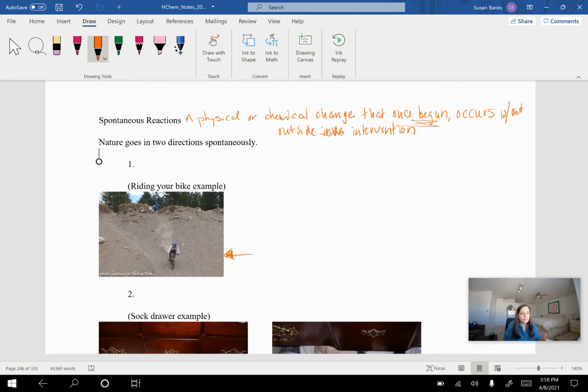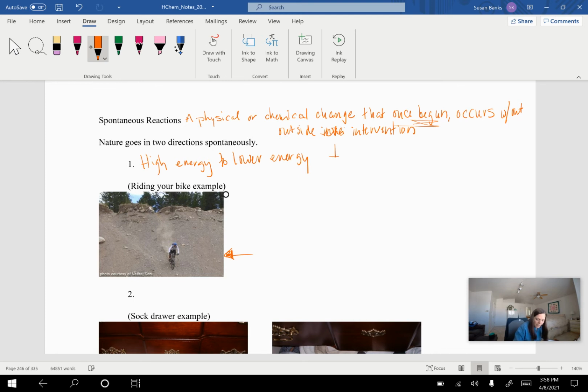So nature, excuse me, that was my dog. Nature tends to take things spontaneously from a high energy to a lower energy state. Nature is always trying to get to a lower energy state, always.